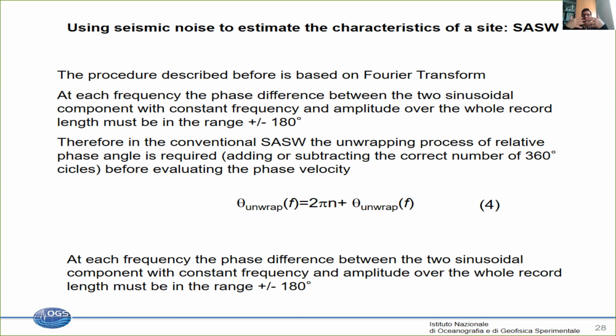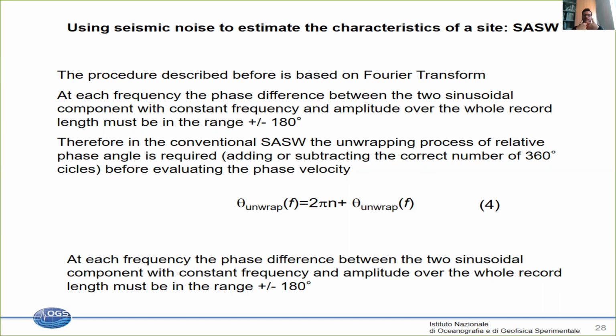You can estimate the shift, for example, from the correlation analysis in the time domain, or like we have seen just now, also from the difference of phase between the two signals after we transform them into the Fourier domain. Fourier is useful because if we work in the time domain, we cannot see the phase difference or the time shift of each component or each frequency of a signal. With Fourier, we can, but there is a small problem.